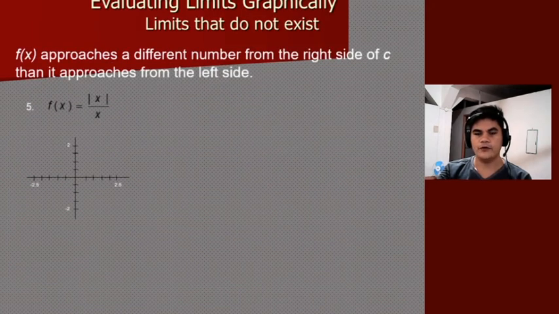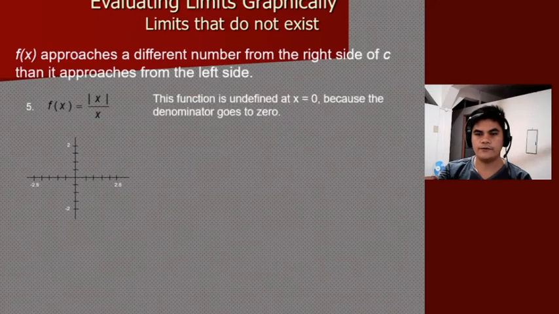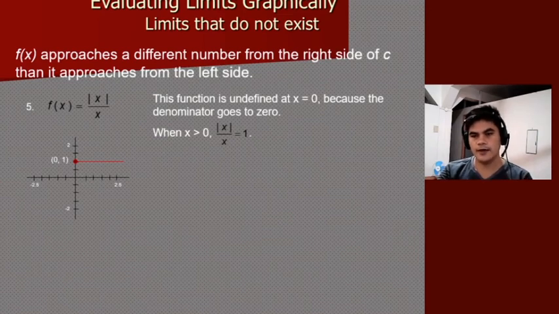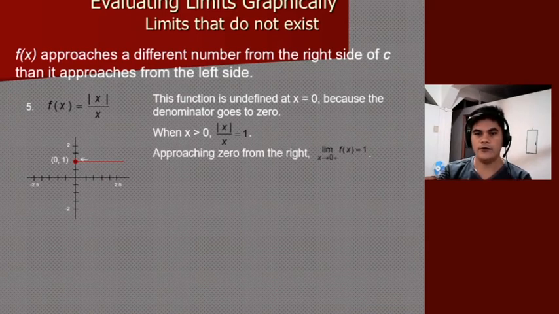Now, for this example, the absolute value of x over x. When x is equal to 0, the denominator is 0. When x is greater than 0, the absolute value of x over x is equal to 1. So we have a horizontal graph.